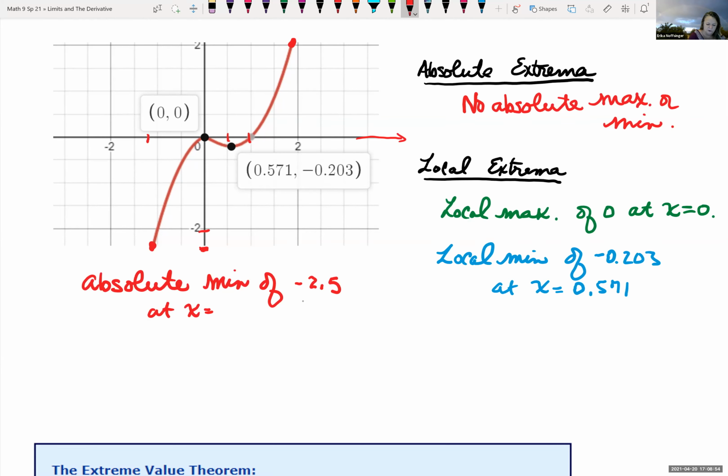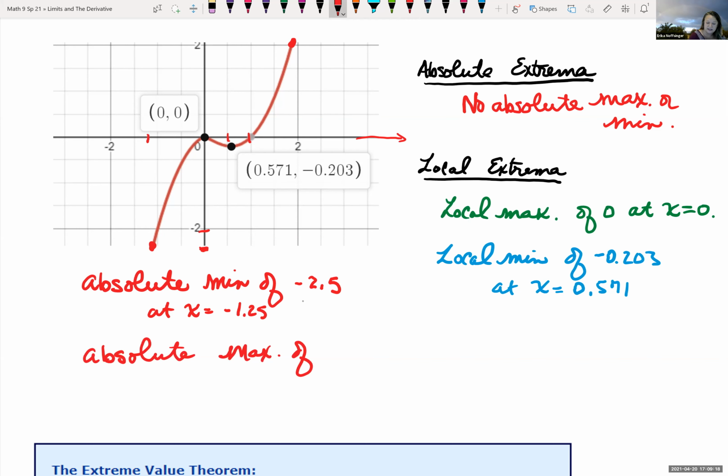At x equals negative 1.25, and it has an absolute... sorry, not min. I was just thinking, I just did min, max.